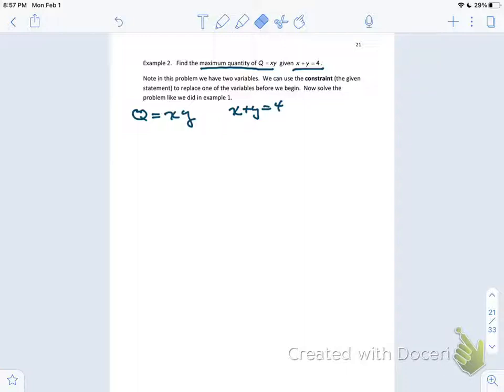So I know that y equals 4 minus x. Okay, so therefore q, the new and improved objective function, is going to be x times 4 minus x.